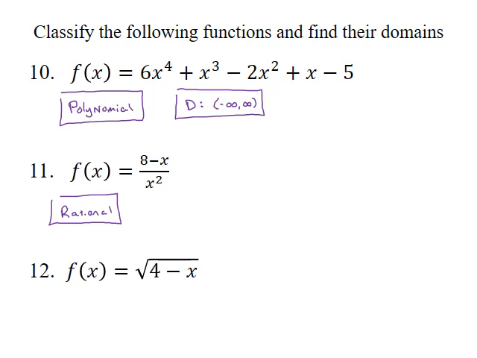Now the domain's a little bit different because there is a restriction. The bottom of a fraction cannot be 0. So kind of doing a little bit of work over here, I know that x squared cannot equal 0. So if you take the square root of both sides, that means that x cannot equal 0. So you have to write an interval, kind of like the first one, that includes every number except for 0.